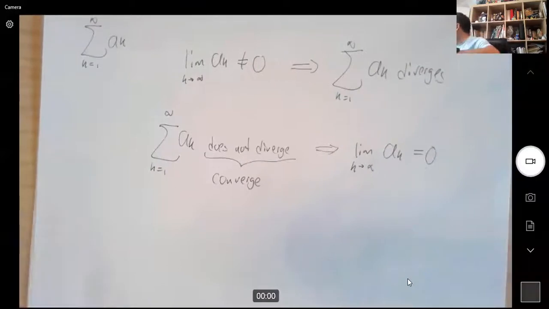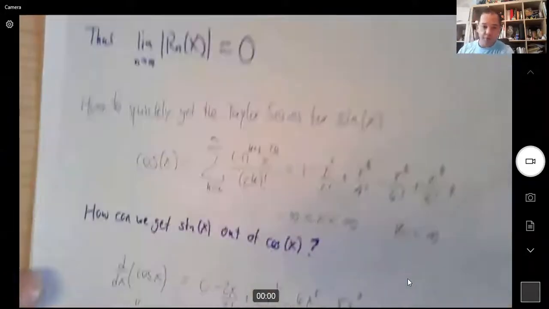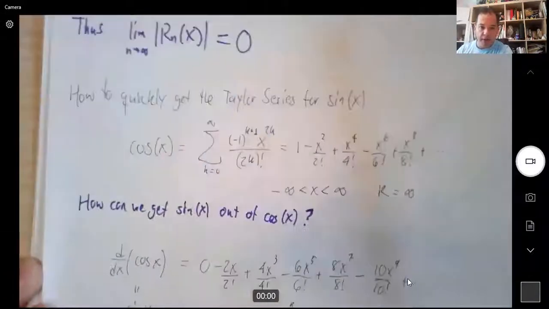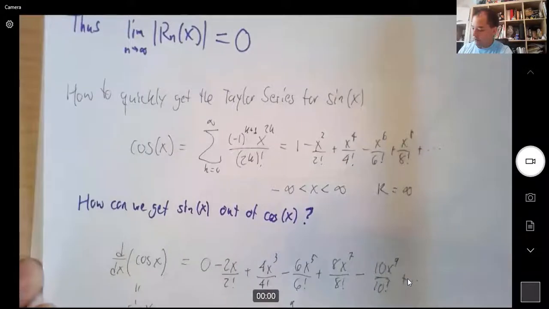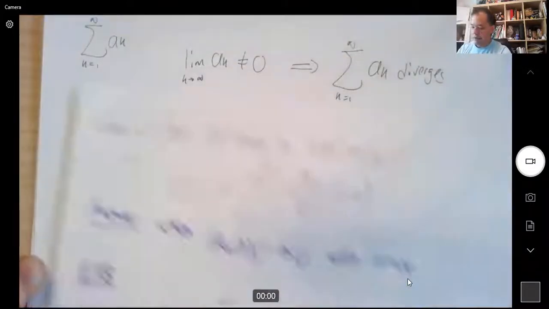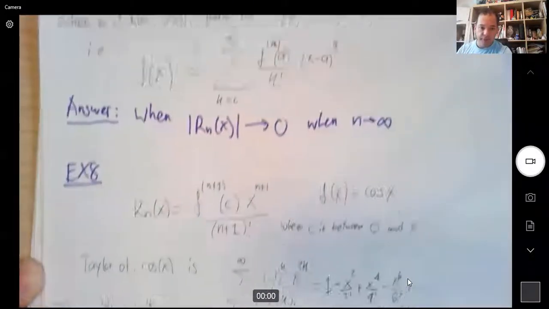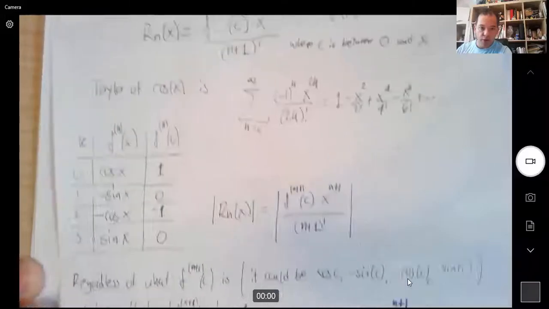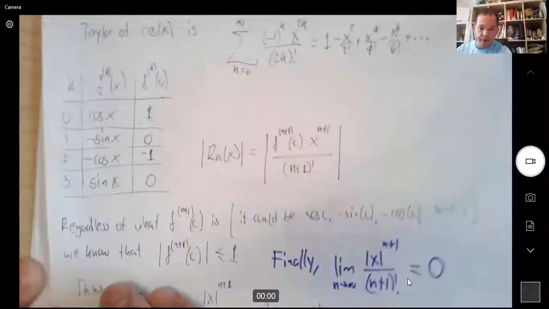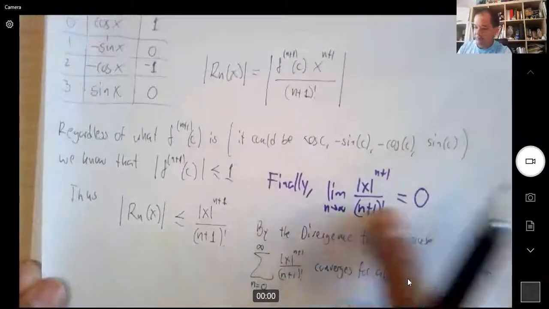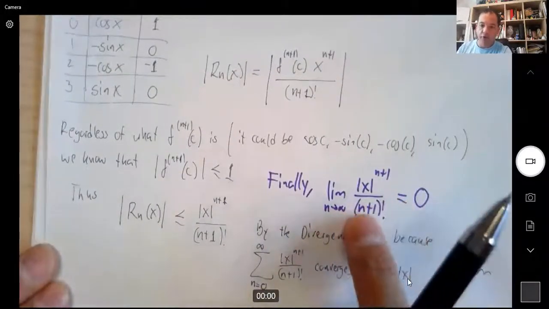So let me now show back to you the problem where we used that. It was at the very beginning when we were showing that the remainder goes to 0, right here. So for this problem, right? No, not this one, this one. We use the fact that this limit is 0, and we wanted to show this limit is 0.